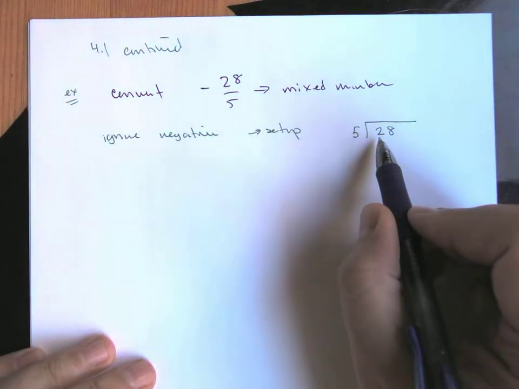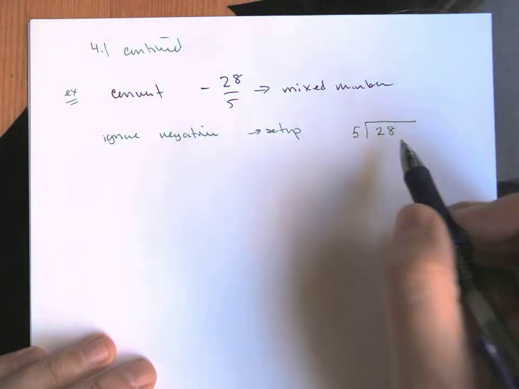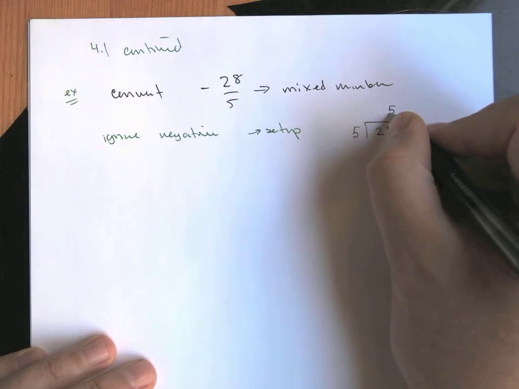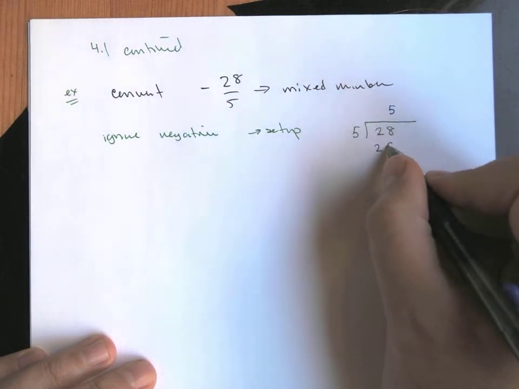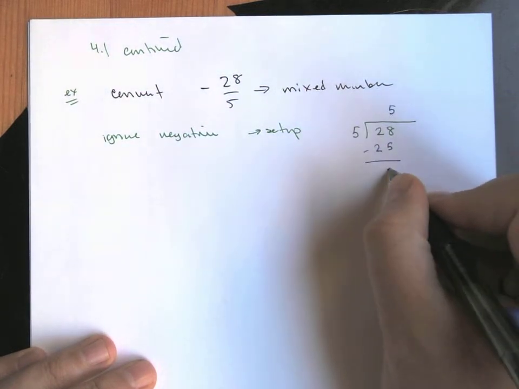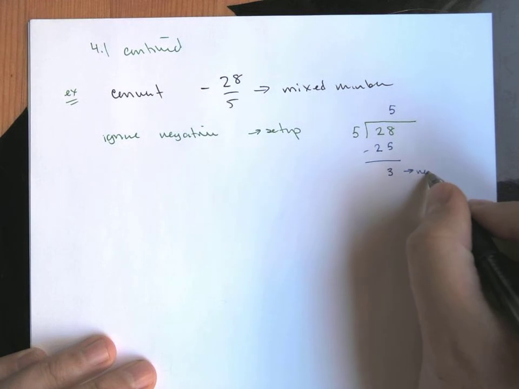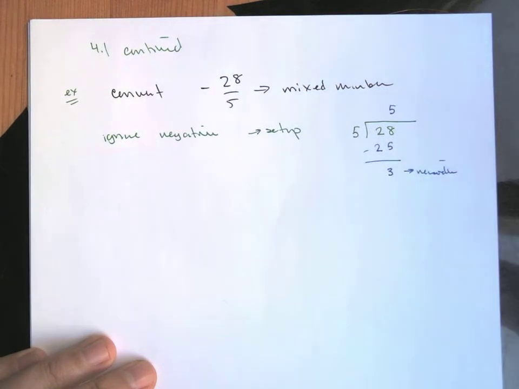5 into 2 doesn't fit. 5 into 28 would go 5 times. 5 times 5 would be 25. If I subtract away, I get my remainder, which is 3. We're not doing decimal stuff. We'll do those in chapter 5. We're not going to put on a 0.0 and keep going.